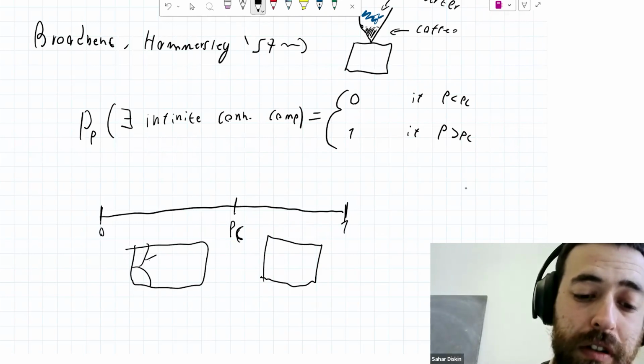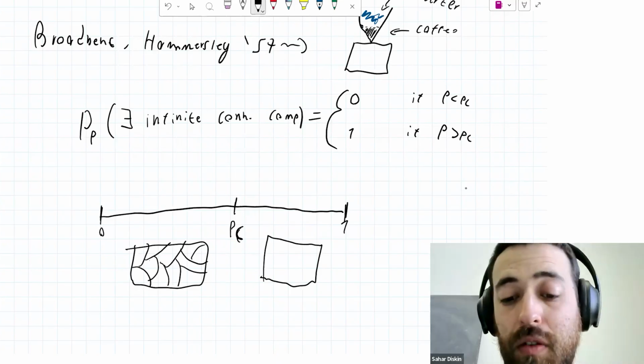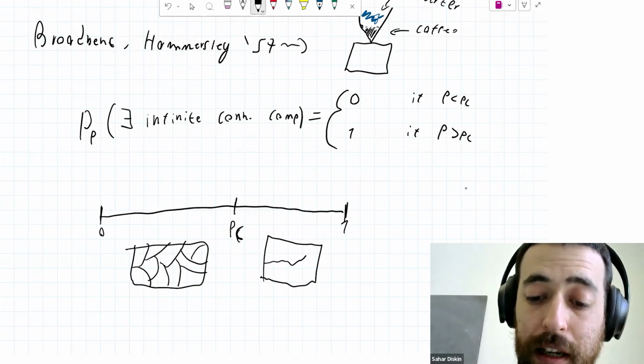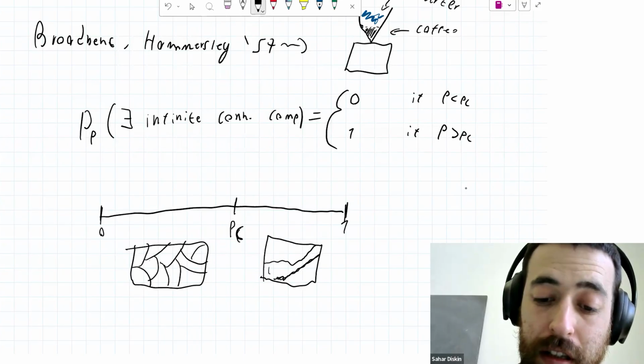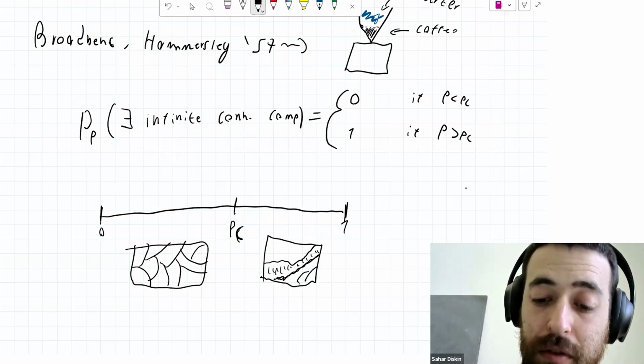There is no infinite component. So all of these things that I'm drawing here are finite components. Each one of them is a finite component. But the image above p_c, as we said, is different. So we will have at least one infinite component. And there are other things which could be finite.